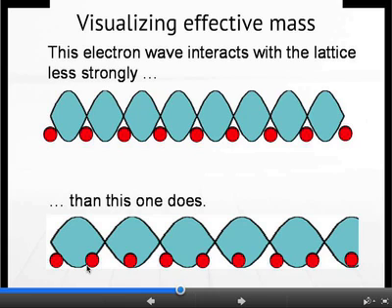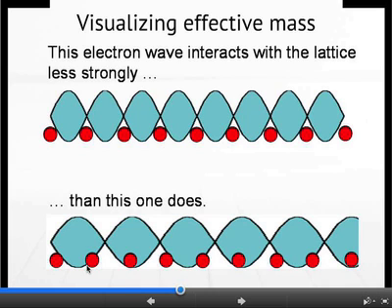Remember, the black dots are the negative of the potential energy. Recall that the potential energy of an atom is kind of something like that, right? This is energy. This is position. So more of the wave function sitting here means you have lower potential energy than if it sits outside.